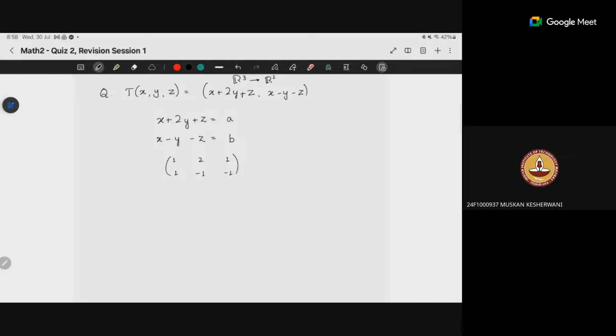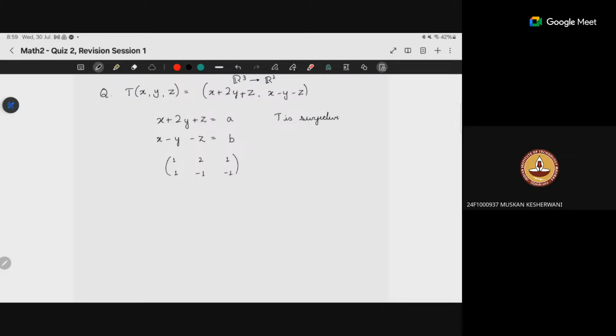What does it mean to say that an arbitrary element of R2 can be solved? It is the same thing as saying the column space of this coefficient matrix is R2. Let me write that down.